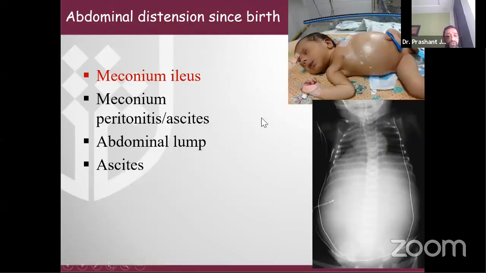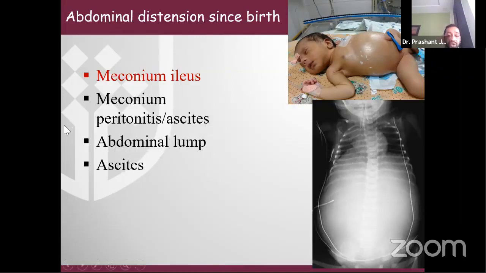So whenever you see a newborn who has abdominal distension right from the birth, there could be 4 possibilities. Number 1, meconium ileus, as I have already described. Number 2, meconium peritonitis because of antenatal perforation, or meconium ascites, again because of antenatal perforation.